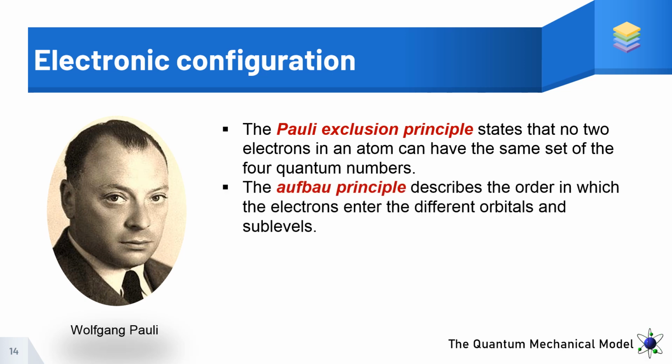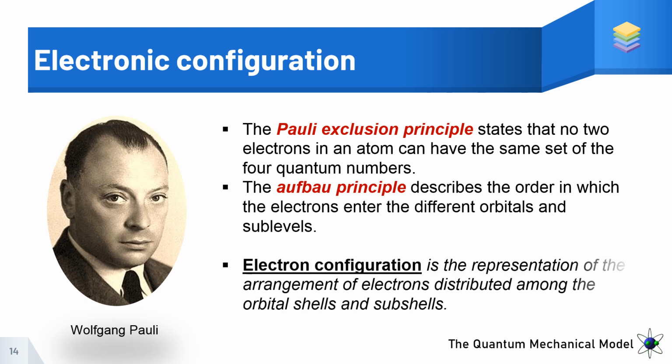And the other principle is what we call the Aufbau principle, which describes the order in which the electrons enter the different orbitals and sublevels. Electronic configuration is the representation of the arrangement of electrons distributed among the orbital shells and subshells.